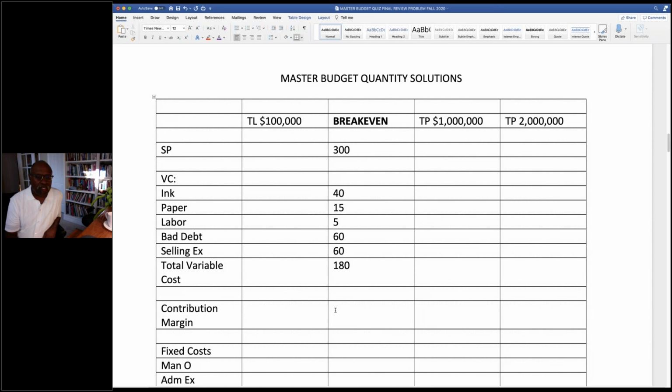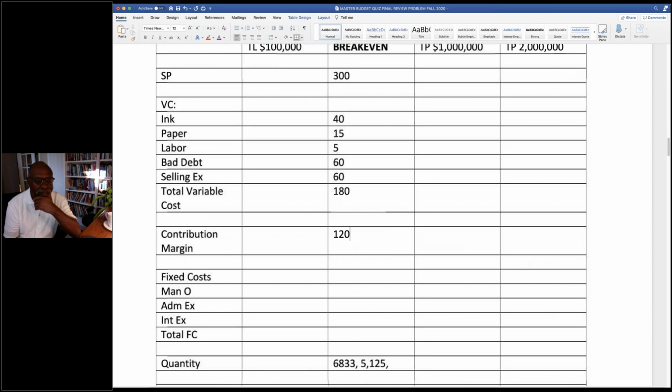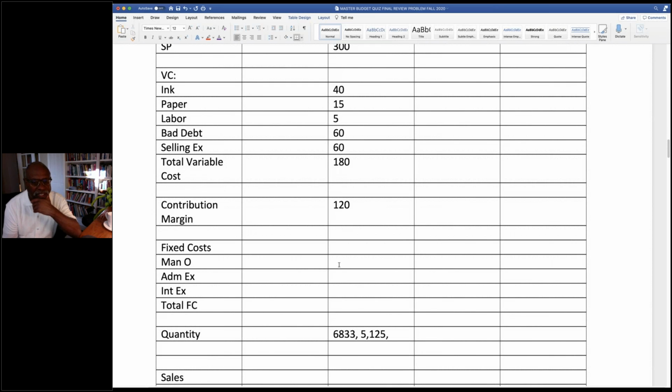So what's our contribution margin? 120. So let's get these fixed costs. How much was the manufacturing overhead? 520,000.